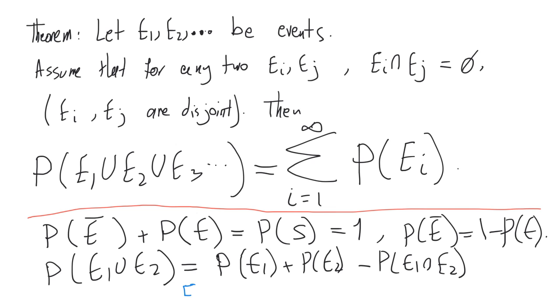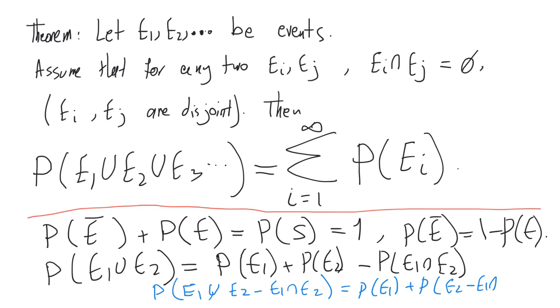So let's take E1 and E2 minus E1 intersection E2. These two sets are now disjoint, and the probability of the union of these is the probability of E1 plus the probability of E2 minus E1 intersection E2.